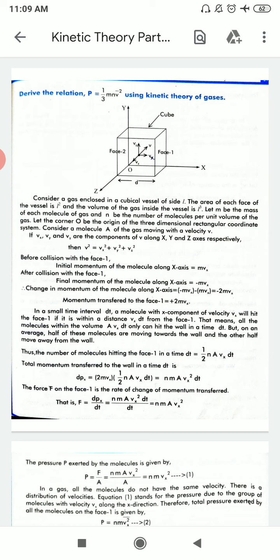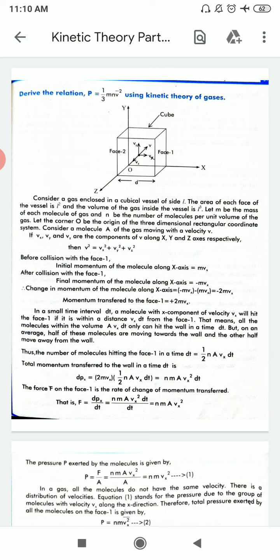Then small n is the number of molecules per unit volume of the system. Then consider A to be any molecule present inside, moving with the velocity v.